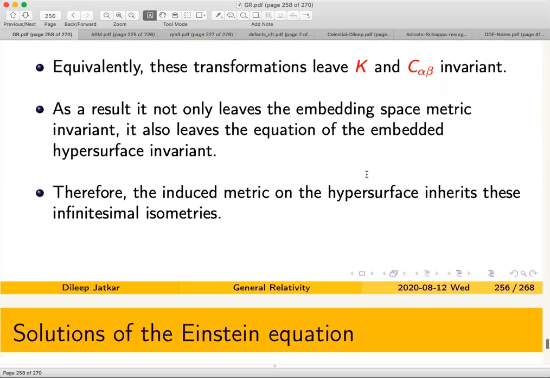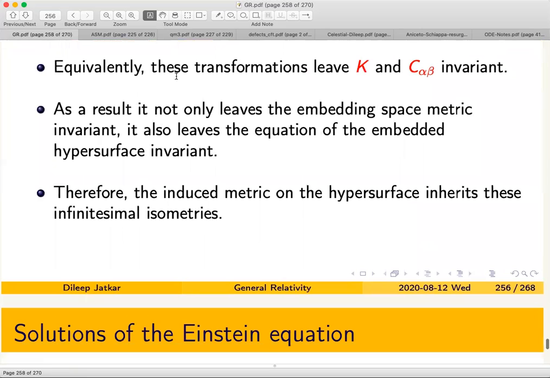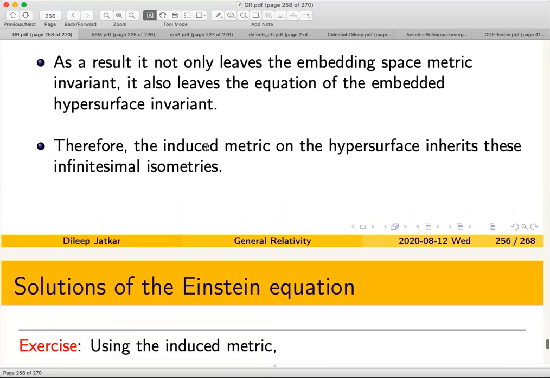So what we have found by doing this transformation is that not only is the embedding space metric left invariant, but these transformations also leave the hypersurface defined by the algebraic equation C alpha beta x alpha x beta plus K inverse times Z squared equal to K inverse invariant.